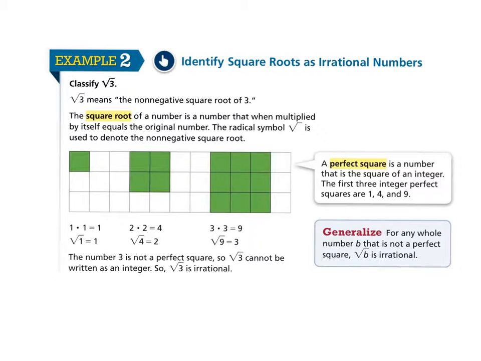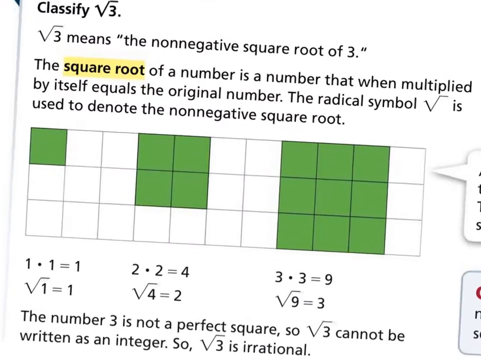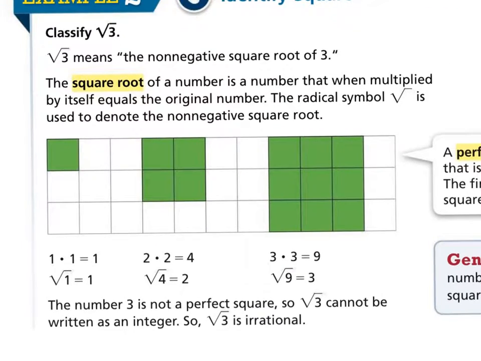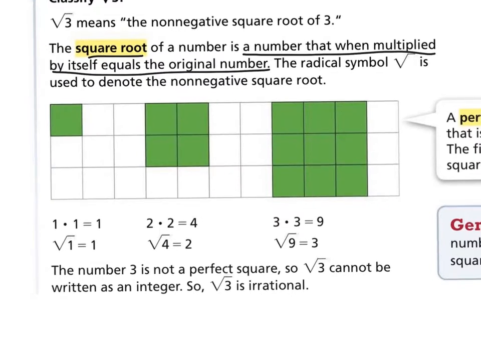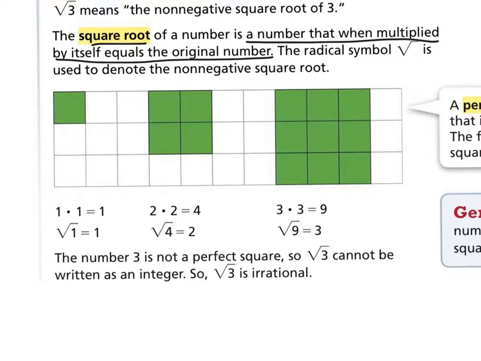Look at example 2. They want us to identify square roots as irrational numbers. So square root, what we're doing is looking at a number multiplied by itself equals the original number. So for example, we could talk about here the square root of 1 is equal to 1, because a number times itself that equals 1.